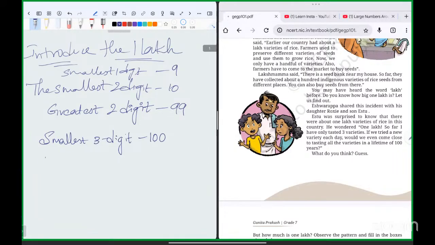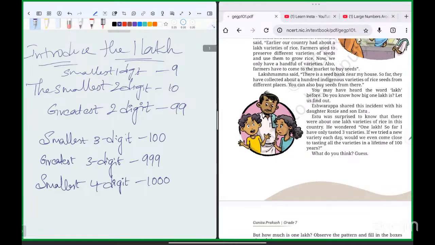So the greatest three-digit number is 999. Whenever we add 1 to this 999, we get the smallest four-digit number, which is 1,000.